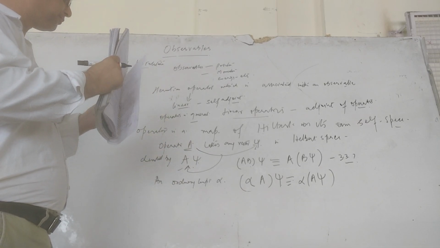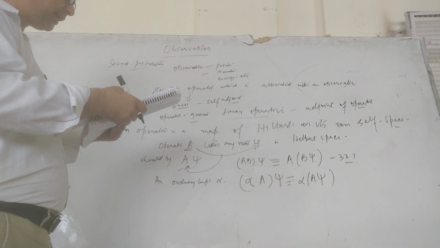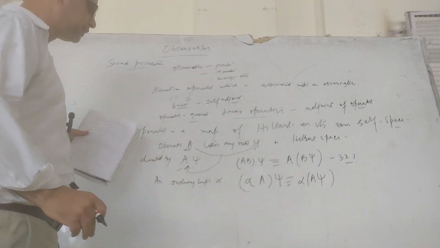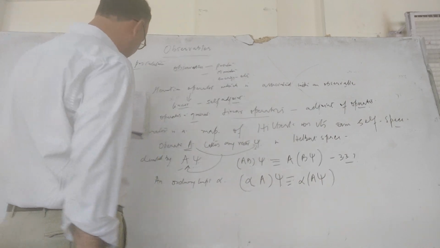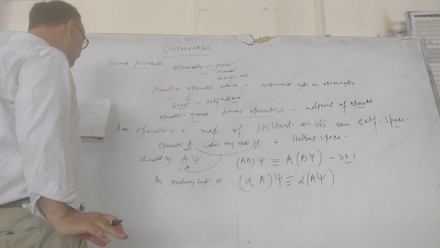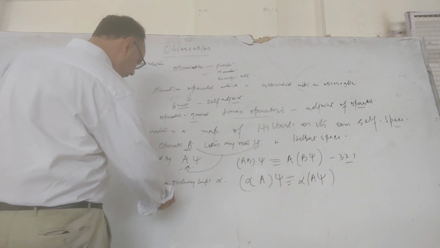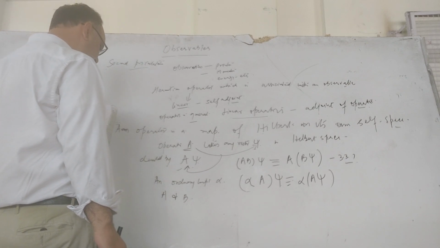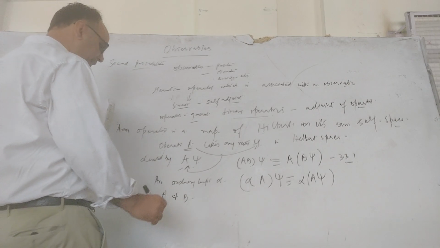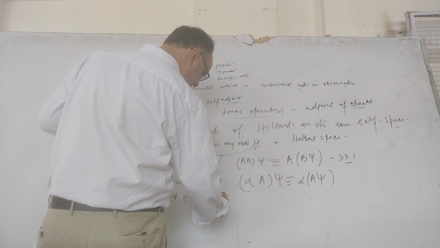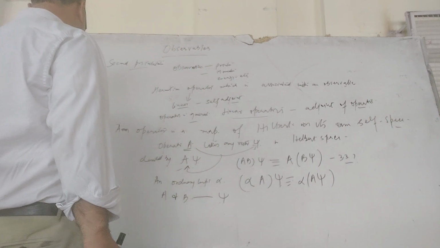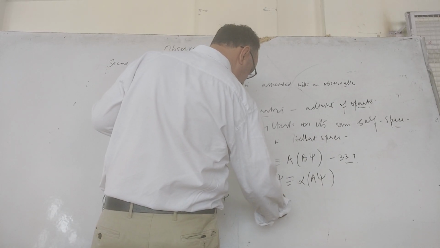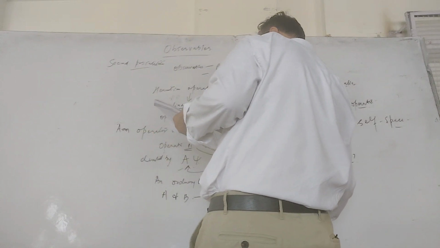Now we can enumerate some of the properties. For example, if two operators A and B act on state vector psi, then the sum of two operators, A plus B acting on psi, should be A acting on psi plus B acting on psi.